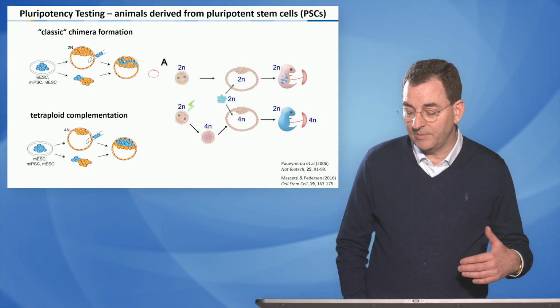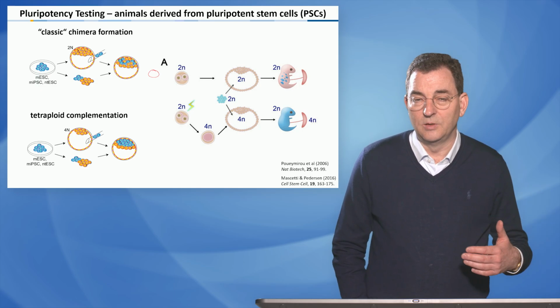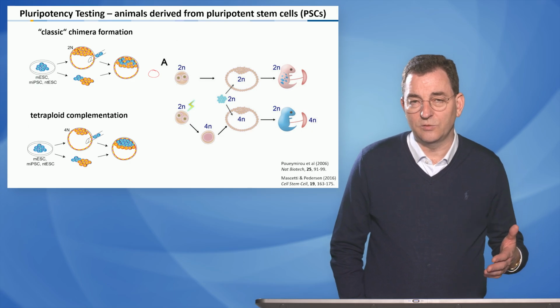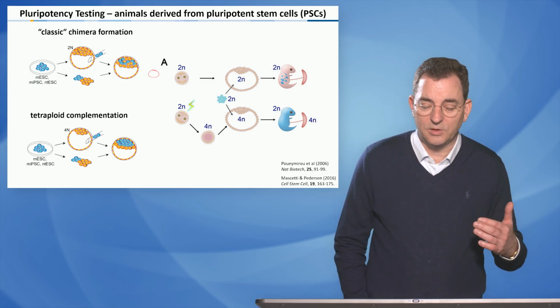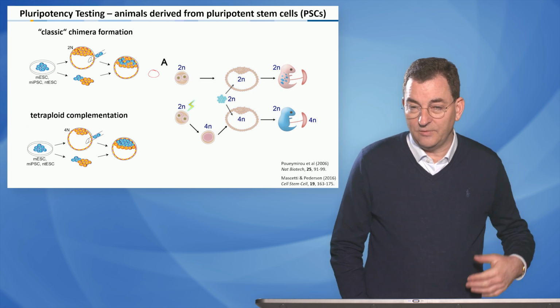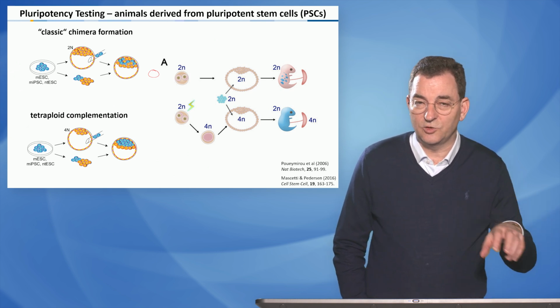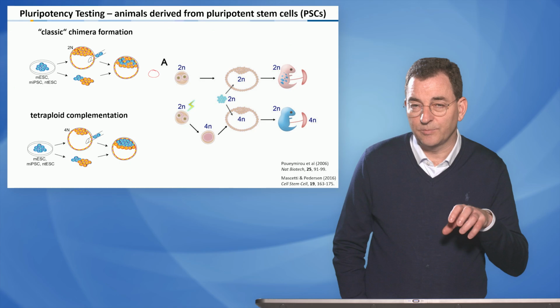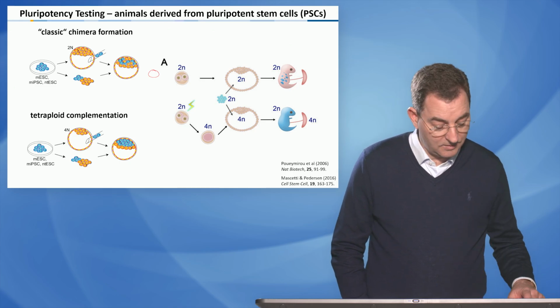So you end up with an animal which is mainly purely composed of the test cells you put in there. And if you get an animal out of the cells you injected, you have proof that you had pluripotent stem cells injected.